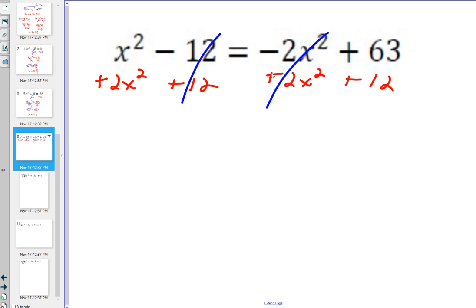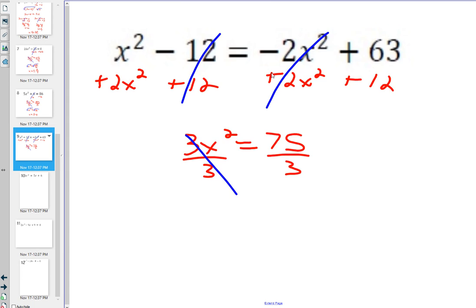What's x squared plus 2x squared? 3x squared is equal to 75. Hope, what do you want to do next? Adrian? Good. Divide by 3.